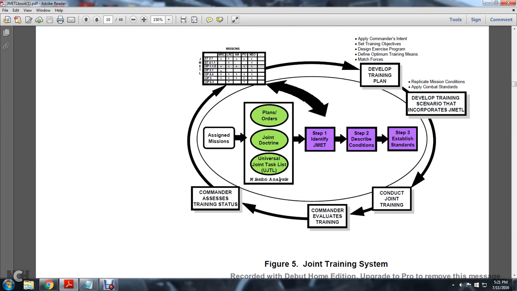All right, you start from the mission. You have your Joint Mission Essential Task List, whether it be MRL, LRC, HA, PO, NEOs, or whatever.